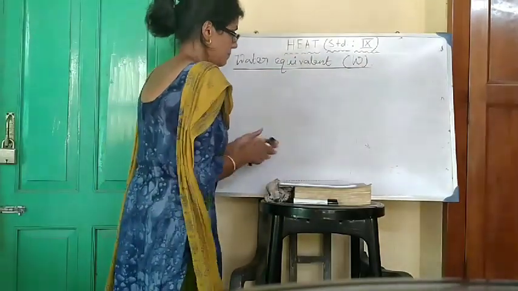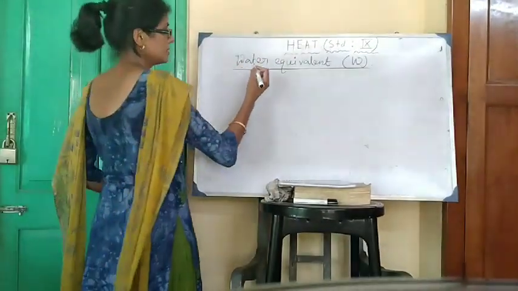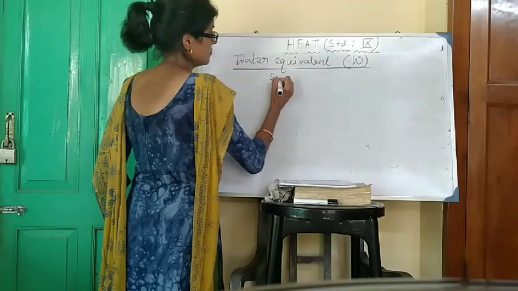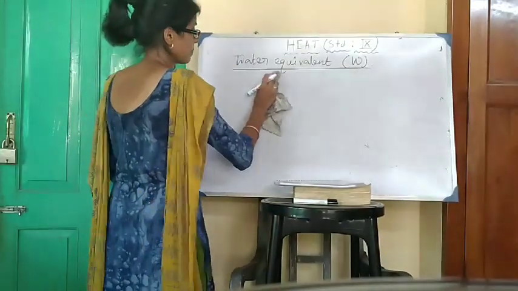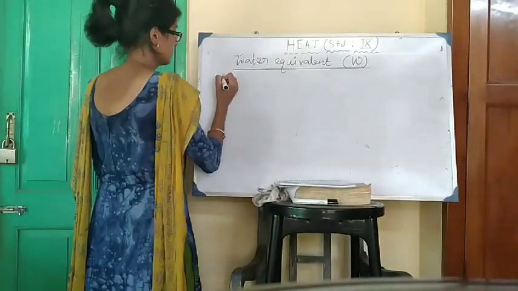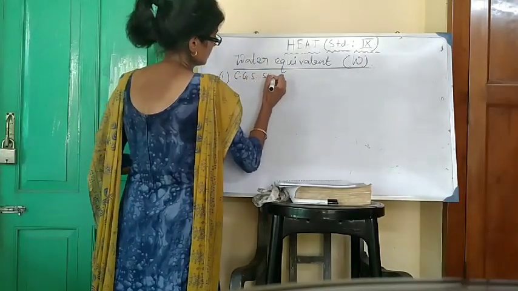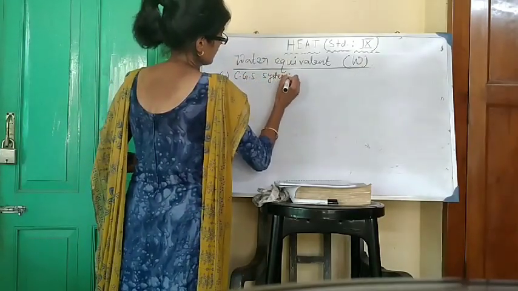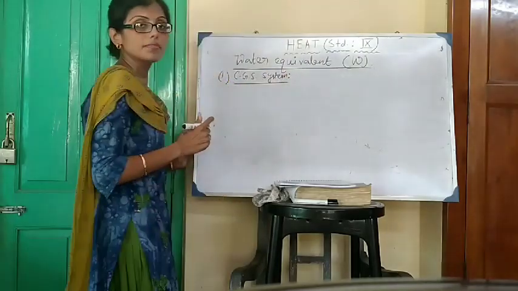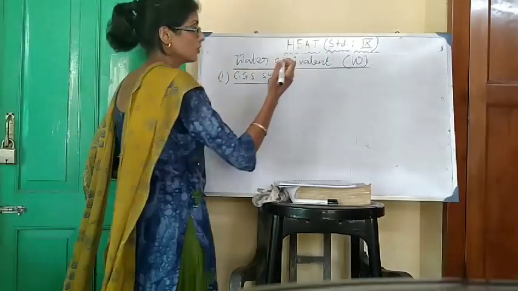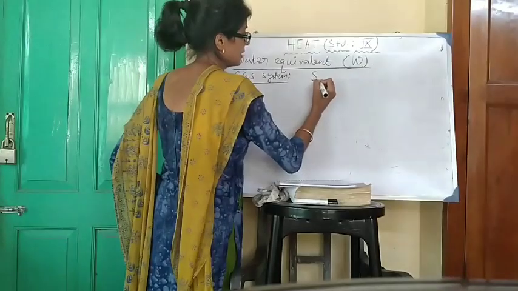In CGS system, the specific heat of water is SW.